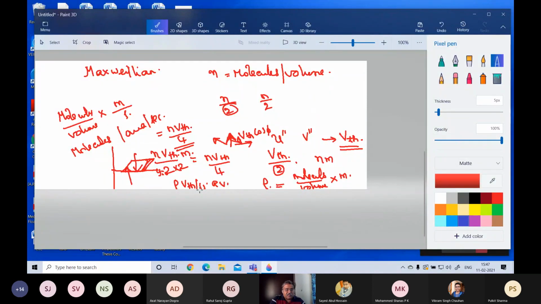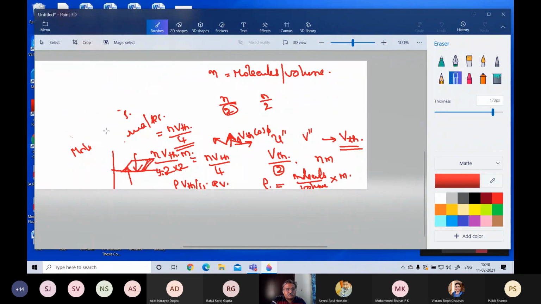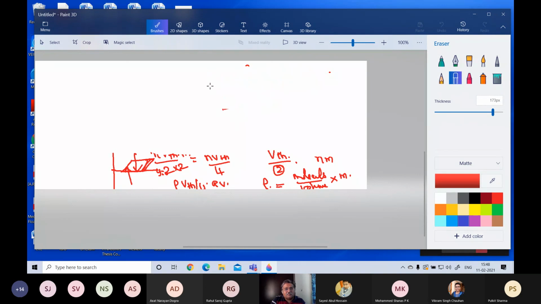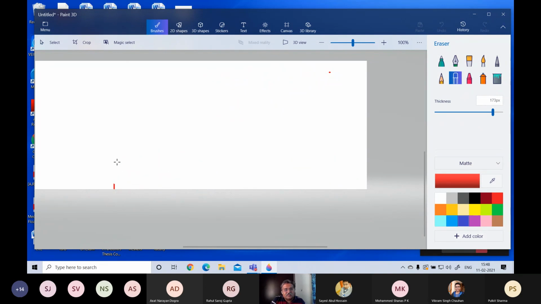I'll just do this derivation. I probably won't ask this derivation in the exam, but it is interesting.